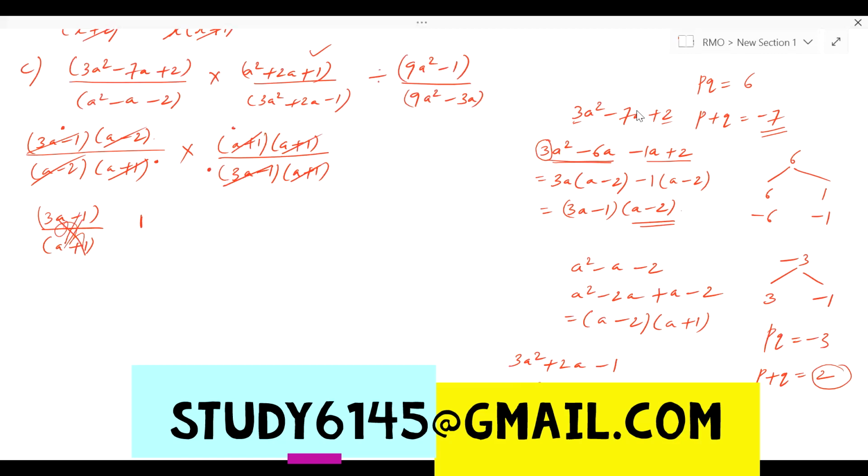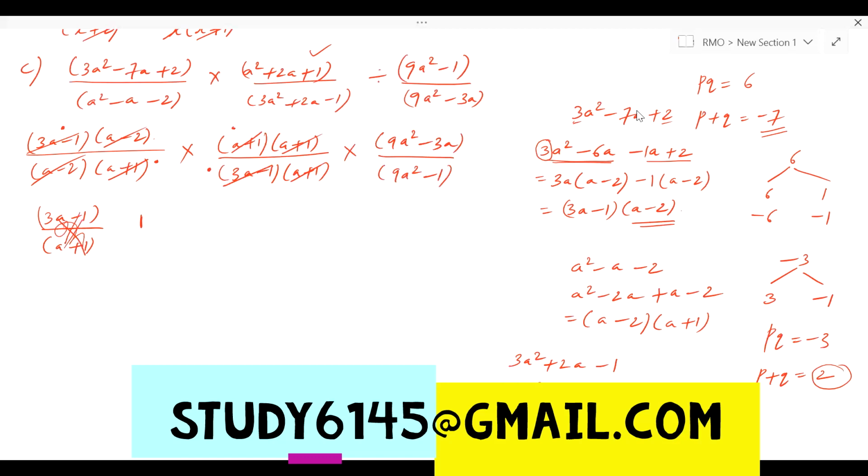So now it's just 1 divided by 9a squared minus 1 over 9a squared minus 3a. But we can do multiplication instead. So 1 times 9a squared minus 3a over 9a squared minus 1.